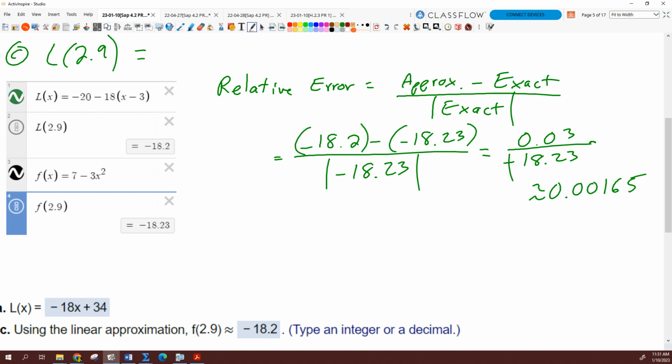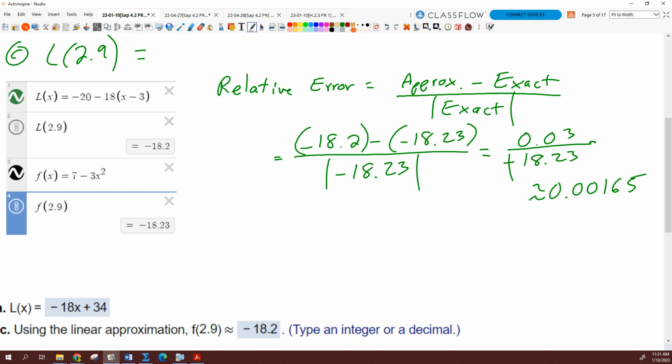Why is the relative error positive? Yeah, because our estimate was greater than the actual value, right? So we overshot by a certain amount, and that's the relative amount that we overshot by, right?